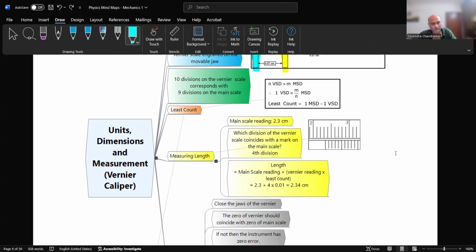Sir, we also need to note down the yellow and gray box, right? Yes. And the other diagram?